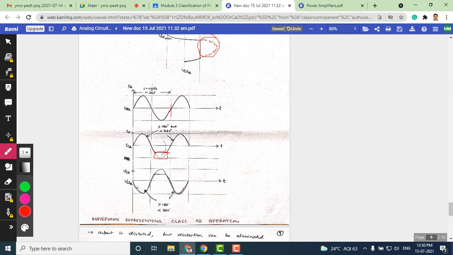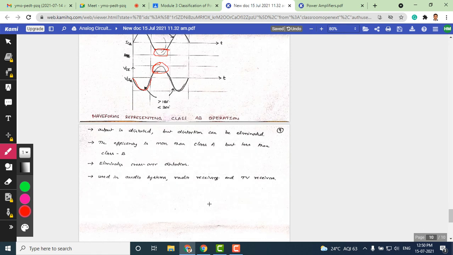The same thing applies to the collector emitter voltage. So the complete positive cycle is produced, and part of the negative cycle is produced at the output. Part of the negative cycle is suppressed in the collector current waveform, but here part of the positive waveform is suppressed. So these are the waveforms that represent class AB operation.